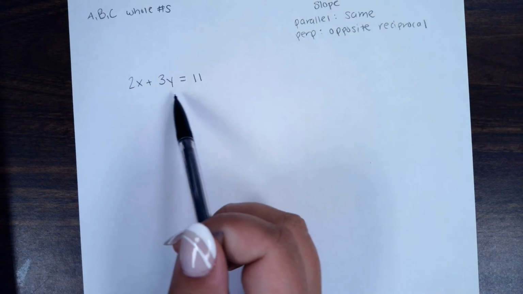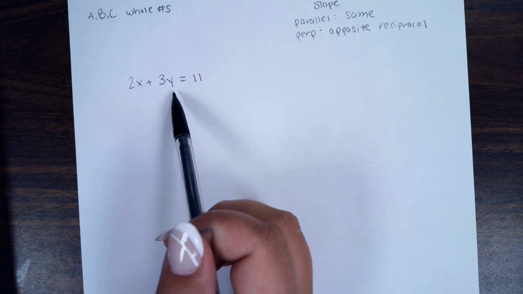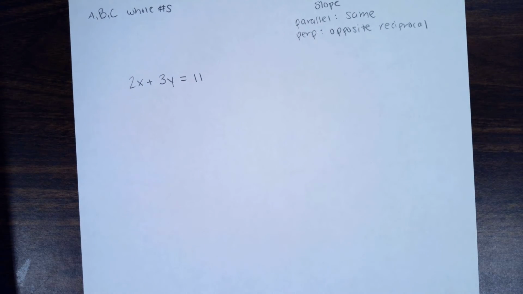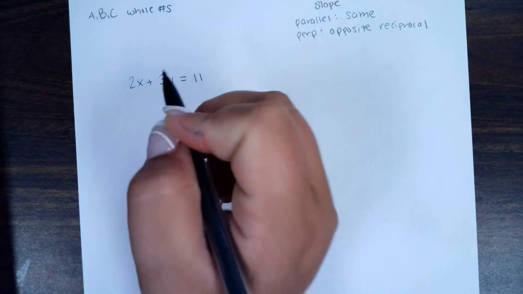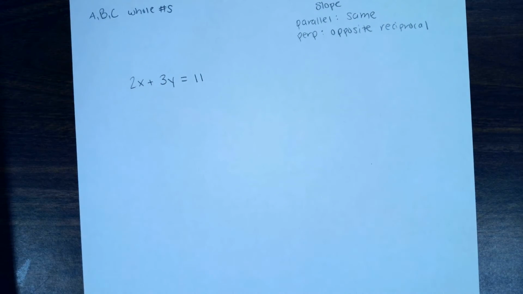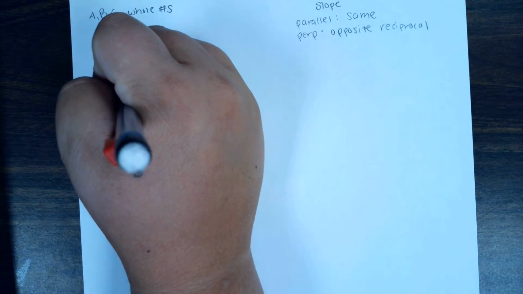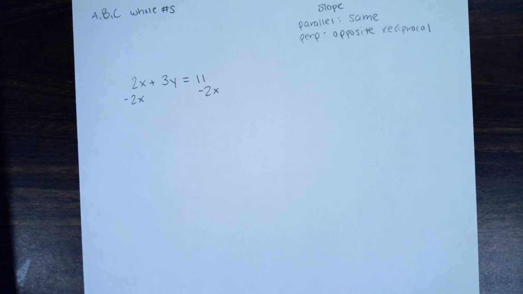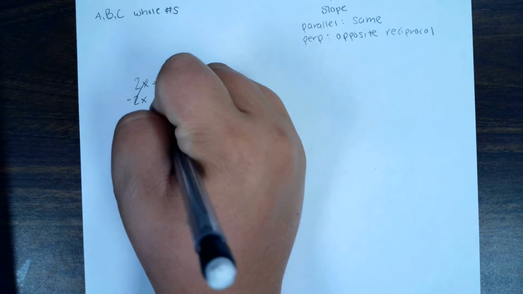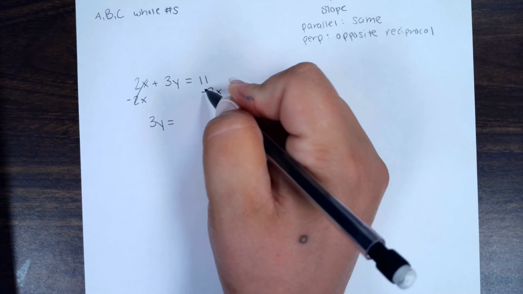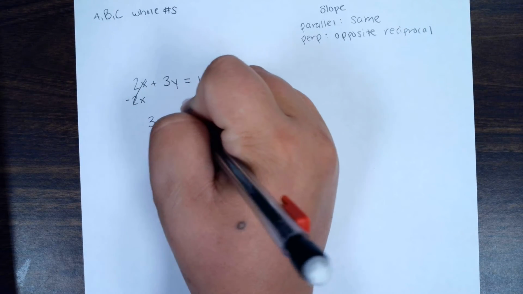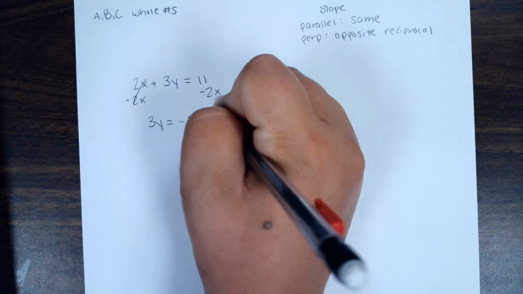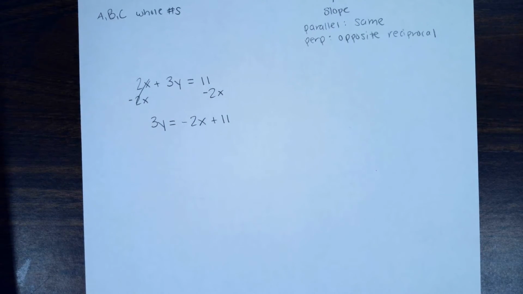So we want to get y all by itself and everything else on the other side. So we want to start with the 2x. We need to get the 2x on the other side. This is a positive 2x, so to move it to the other side, we need to subtract 2x. So these cancel. We get 3y equals, now remember this is a negative 2, so it's negative 2x plus 11.